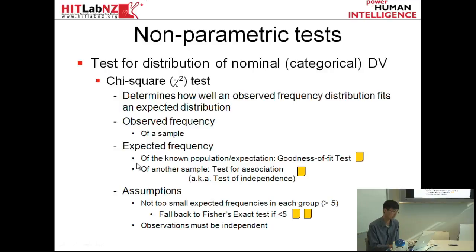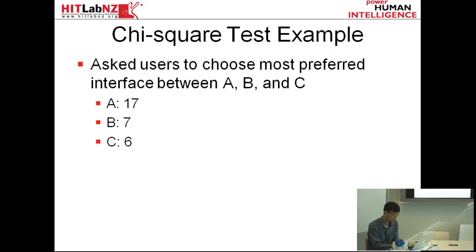What it basically does is look into the frequency distribution of the choices and compare it with another set of frequency distribution, or expected frequency distribution. I think it's easier if you go with an example. So we'll talk about an example first and come back to the slide.